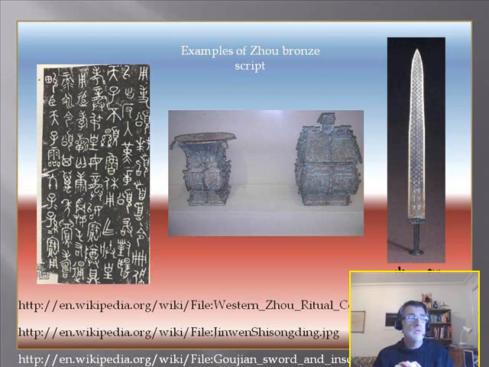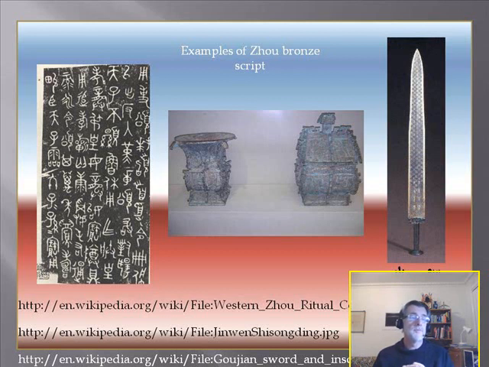And as you can see, they still look rather, now I don't want to use the word crude because that's not right. It's a very highly developed system of writing, but if you look at the shapes, they're not as regular as the shapes that we're used to, for example, in our textbook. And I think you can imagine why, because when you're using a material like bronze, it's not that easy to make perfectly regular shapes.